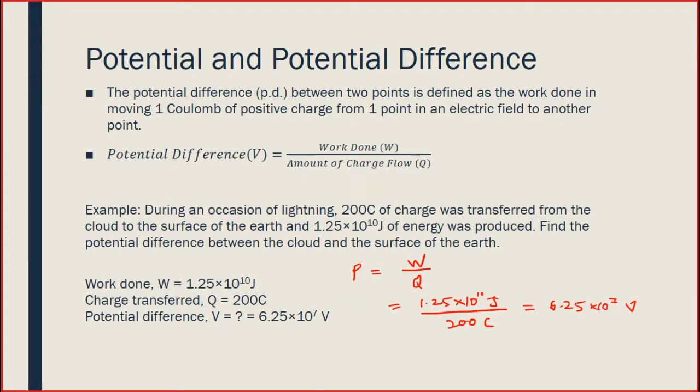If you think about it, between the surface of the earth and the sky, when lightning happens, a huge amount of energy is produced. There are countries, I don't remember where, that actually harvest this energy, usually called lightning energy.